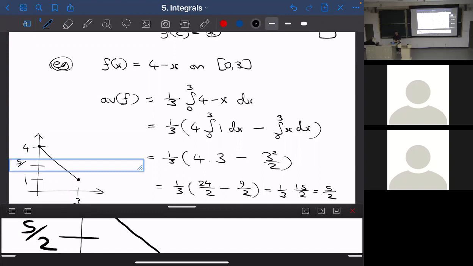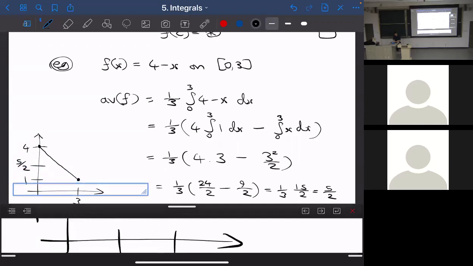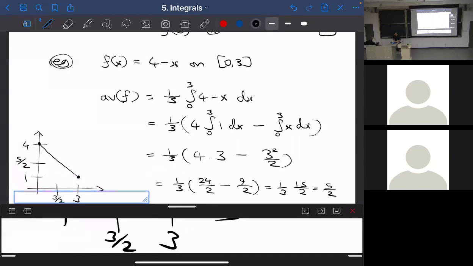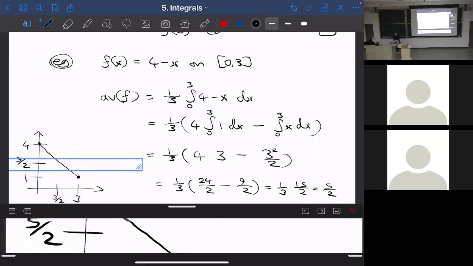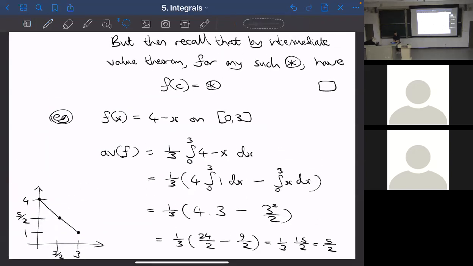And that value occurs at 3 over 2, just looking at the formula for the function.